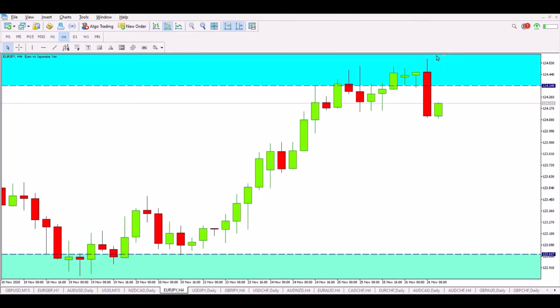Now we have this super bearish engulfing candle, which is very easy to spot even with the naked eye. And my eyes are never naked, because I have years of experience, and I will show you this right now.